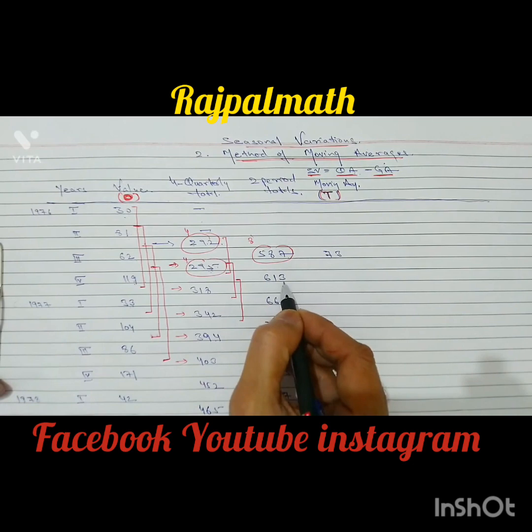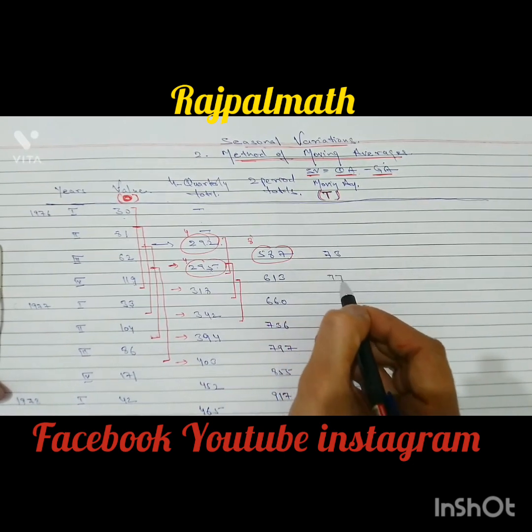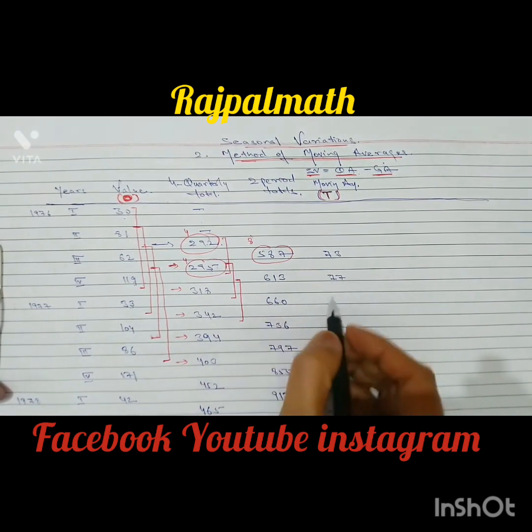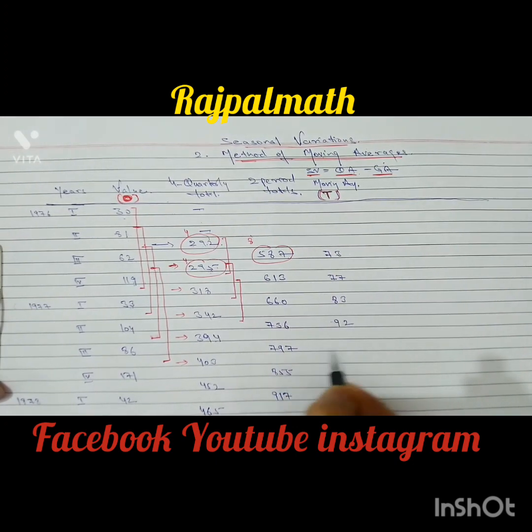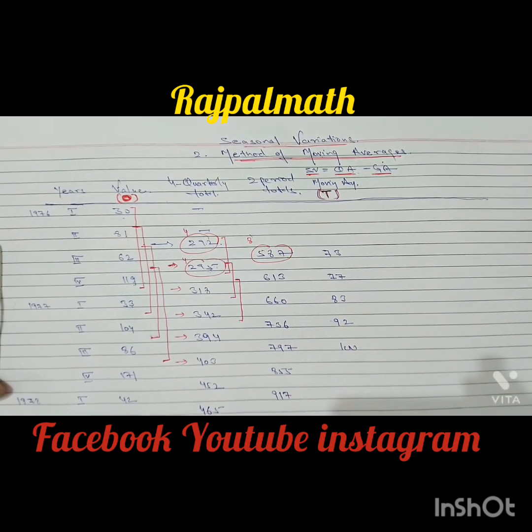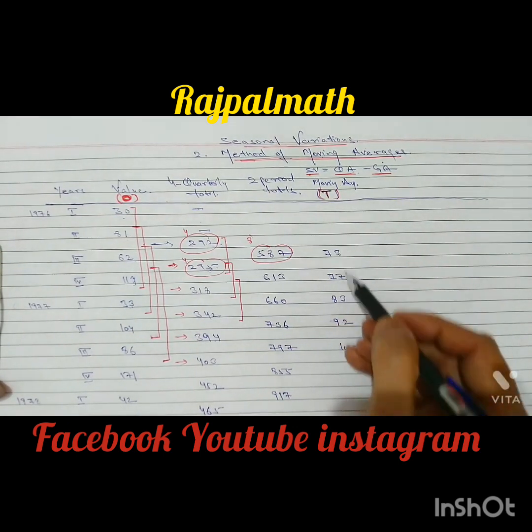The next term divided by 8, 77. Next term divided by 8, 83. Then 92, 100. These are approximate values, right?